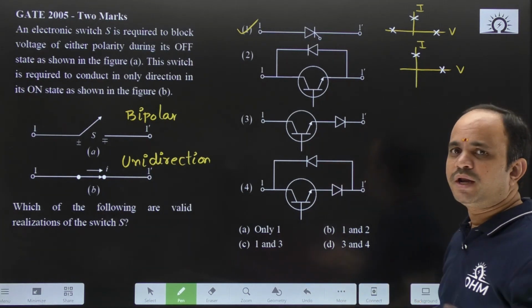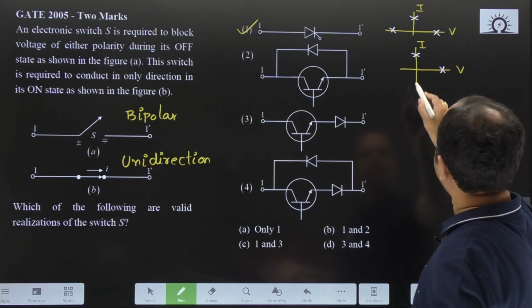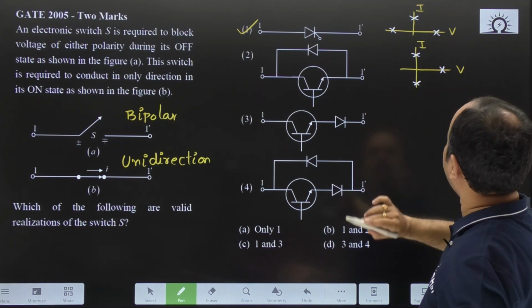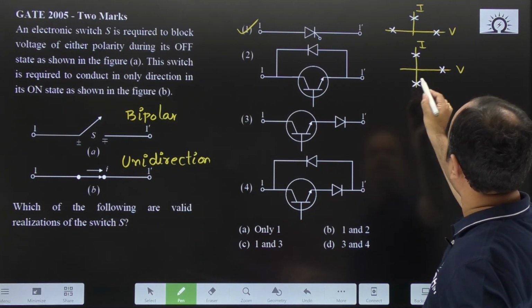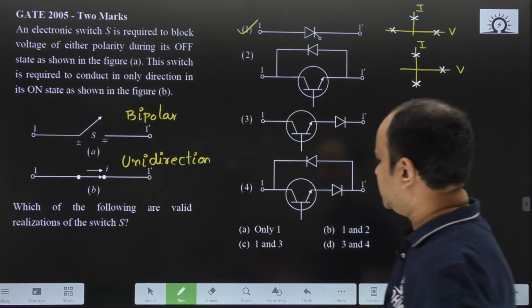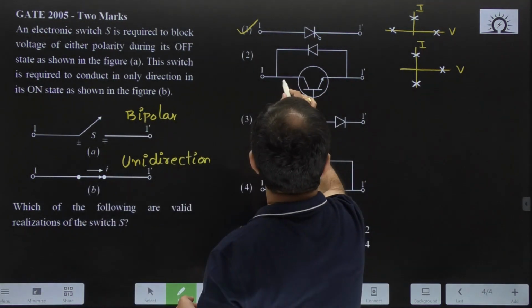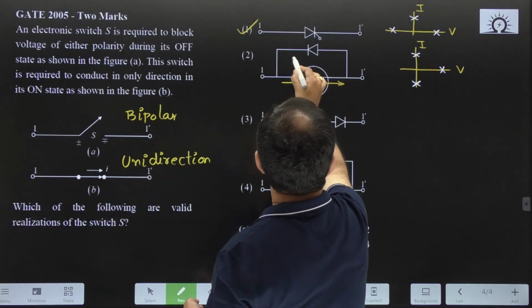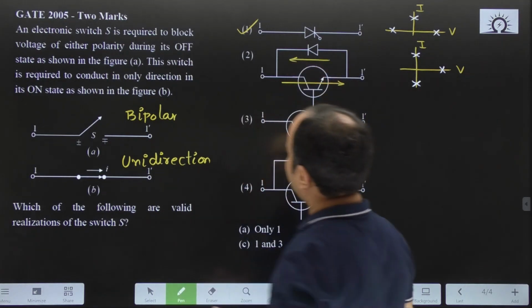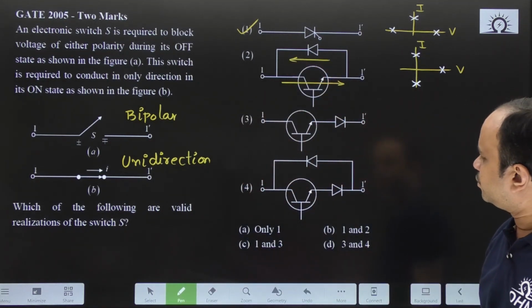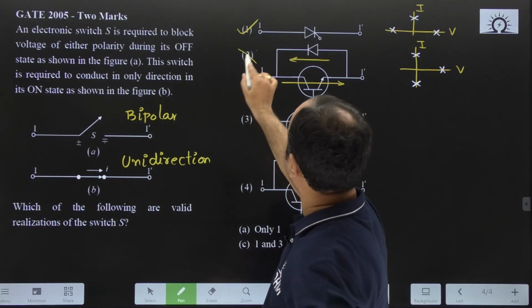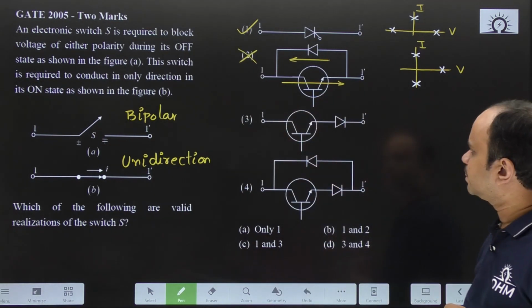The moment we connect a diode in anti-parallel, it can carry the current in the reverse direction as well. Therefore, this particular device can carry the current in both the directions, unipolar and bidirectional. Therefore, this device is not required for our question.